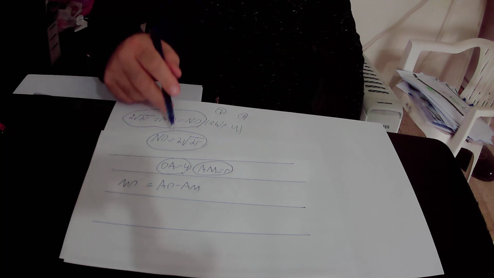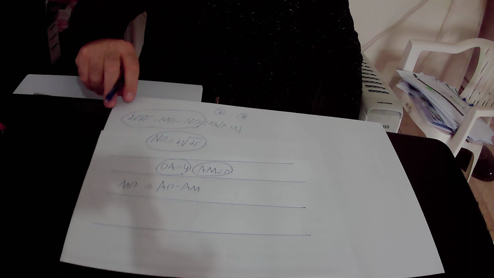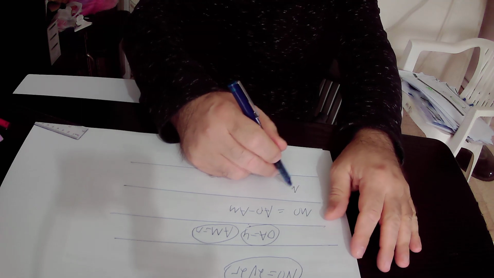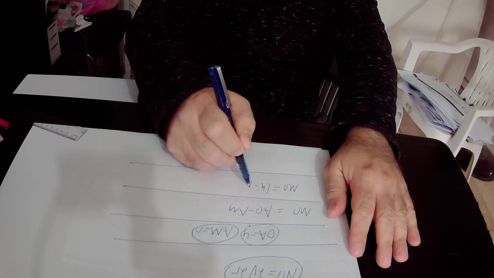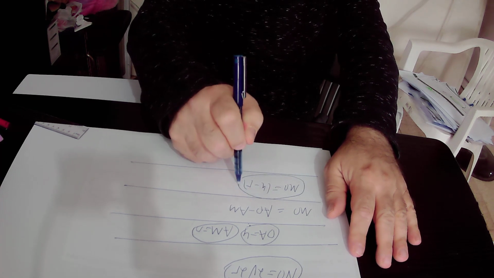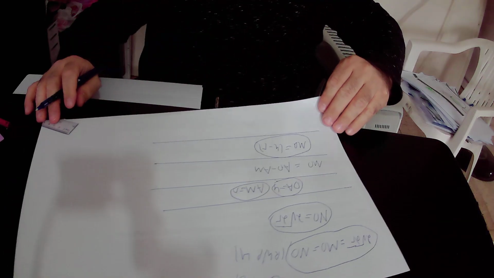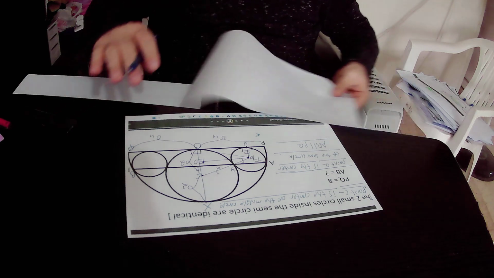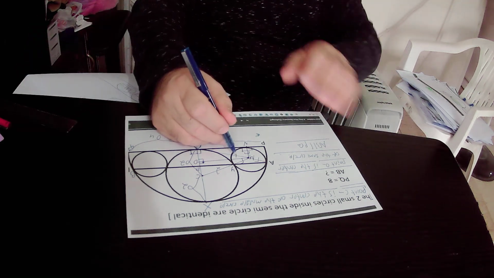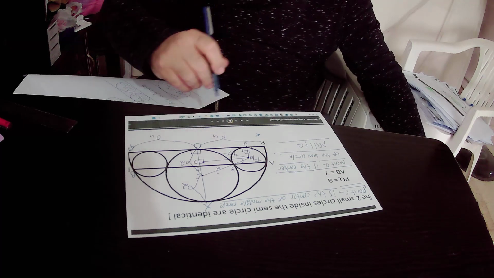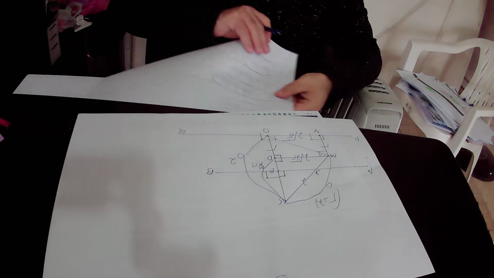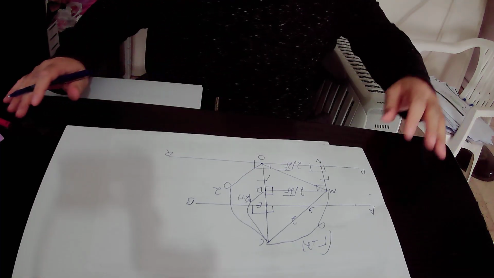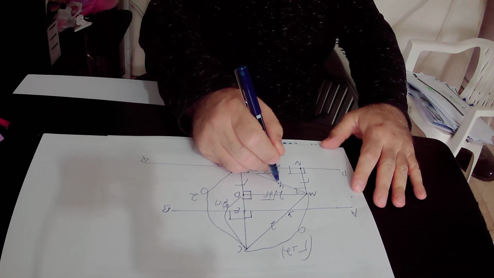But we have already found out that AO equals 4 and AM equals R. So in total we found out that MO equals 4 minus R. So we can write here that MO equals 4 minus R, and also here MO equals 4 minus R.